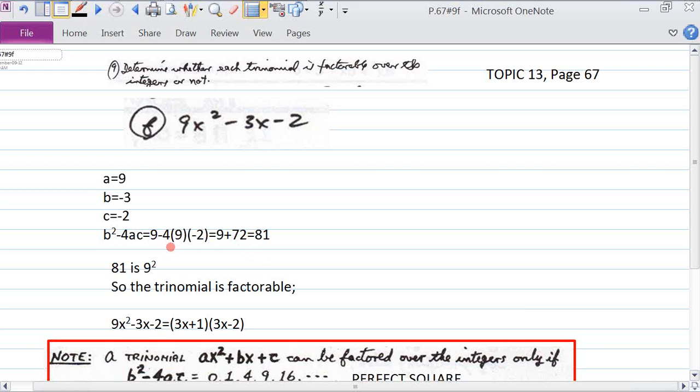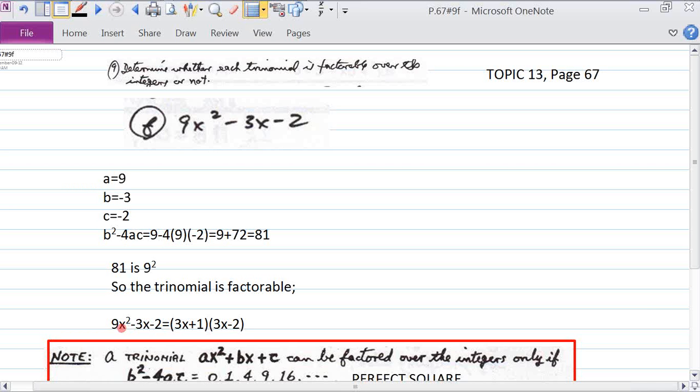And of course, because there's a minus here and a minus there, it is plus. 9 plus 72 is 81. 81 is 9 squared. So the trinomial is factorable using integers.